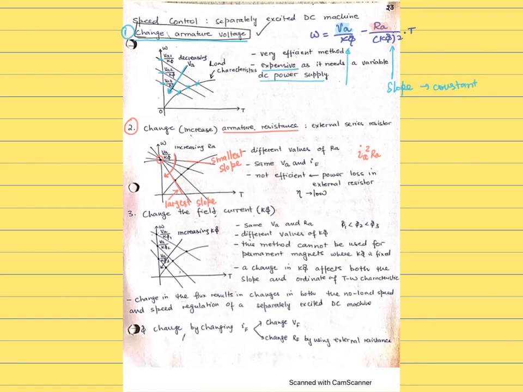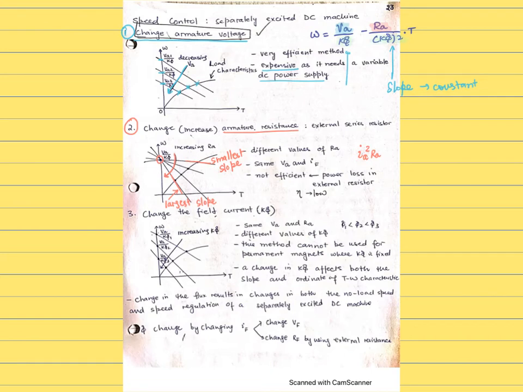The third method we have is the K phi factor. So let's write K phi first; we're saying the third method is to change K phi.